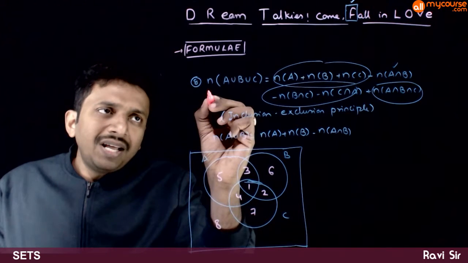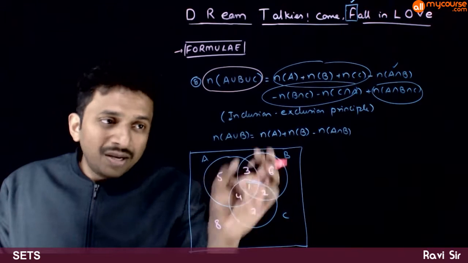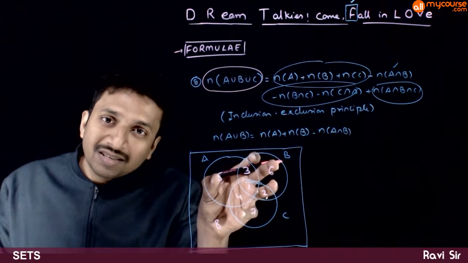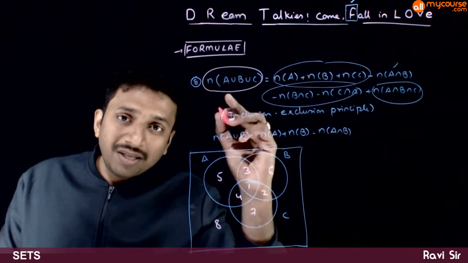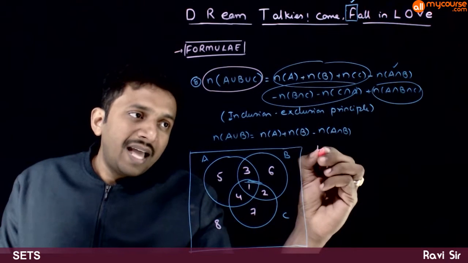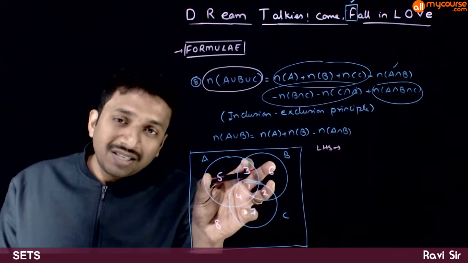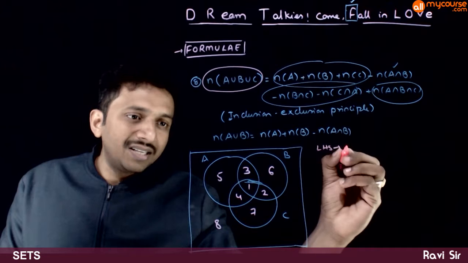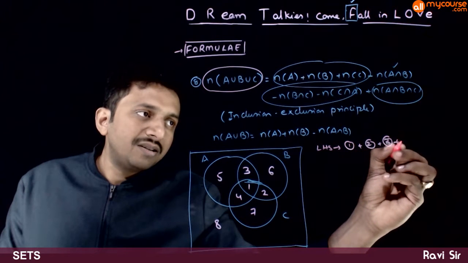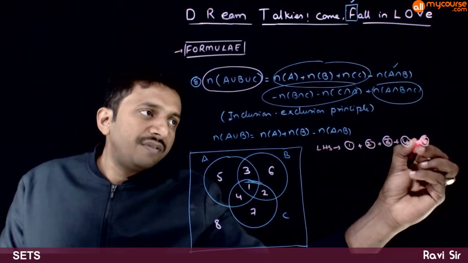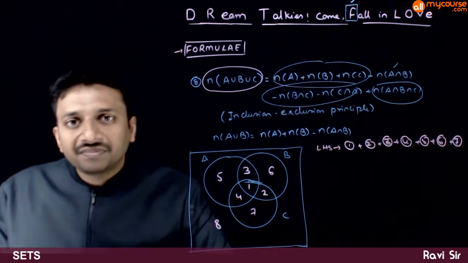Now, what is n of A union B union C? A union B union C corresponds to all these areas. So the LHS is the number of elements present in all these regions: first region plus second region plus third region plus fourth region plus fifth region plus sixth region plus seventh region.